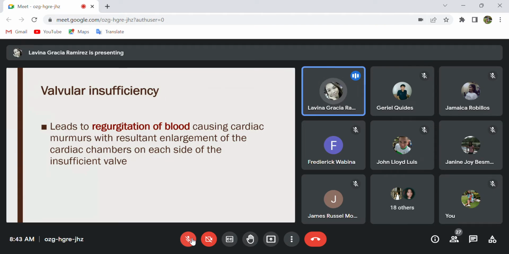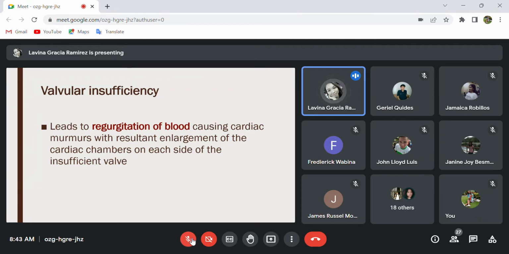If you notice, all of the considerations that we have mentioned a while ago are connected to each other. The worst effect of valvular insufficiency is regurgitation of blood, which causes cardiac murmurs, and that will result in enlargement of the chambers on each affected side if there is insufficient valve activity.